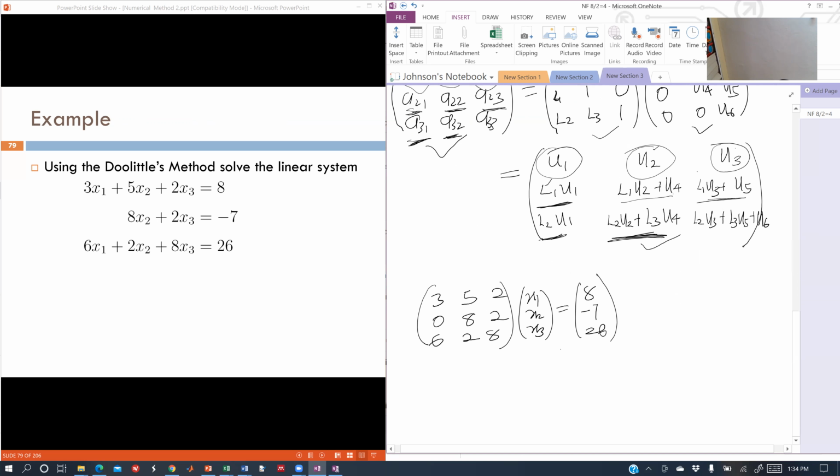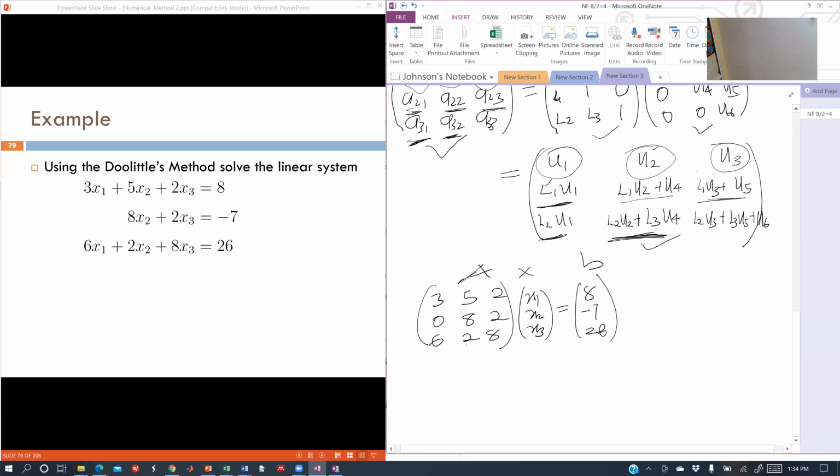So we know our A, which this is our A, this is our X, and this is our B.